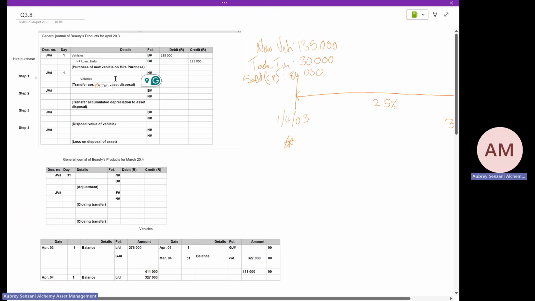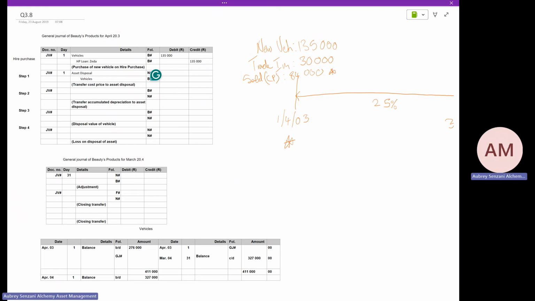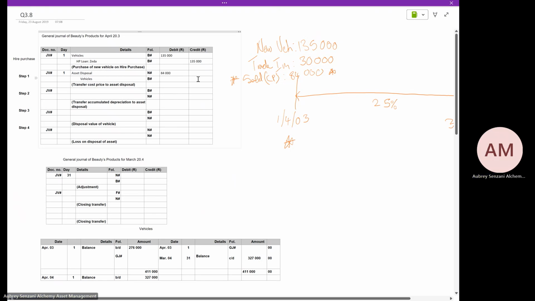So in order to dispose of the vehicles, we use the asset disposal account, at the cost price of this vehicle. The cost price was 84,000. So we debit and credit 84,000. So first thing has been done.